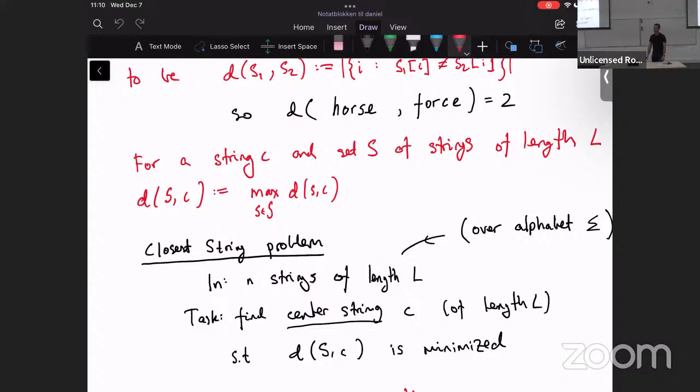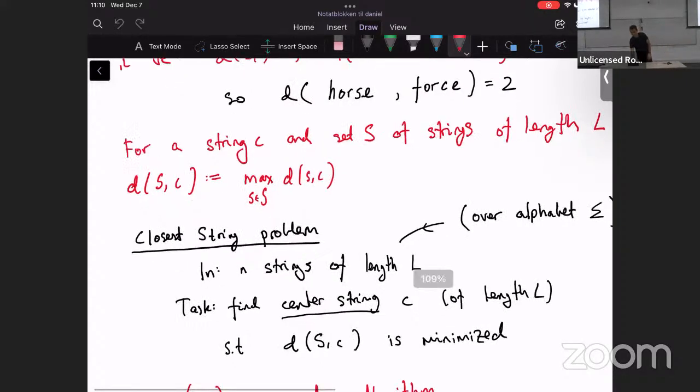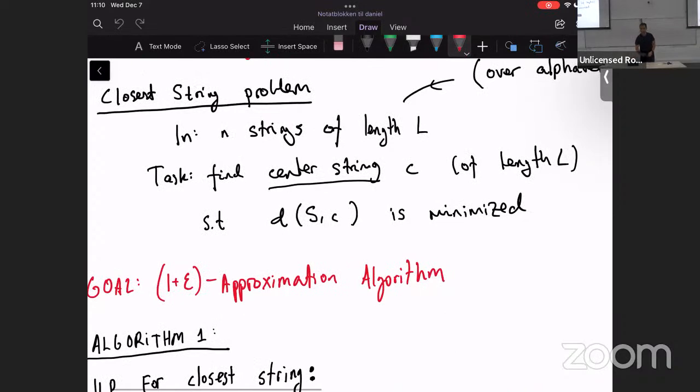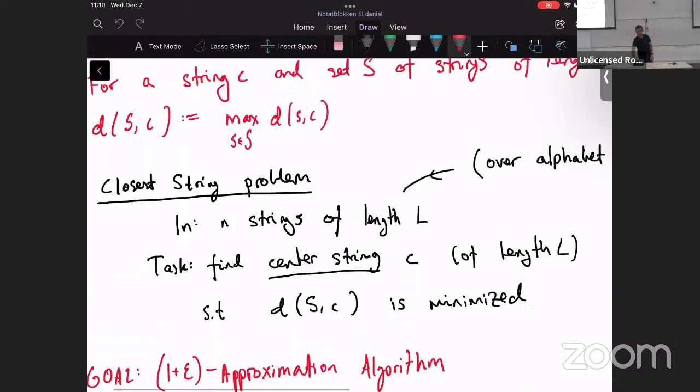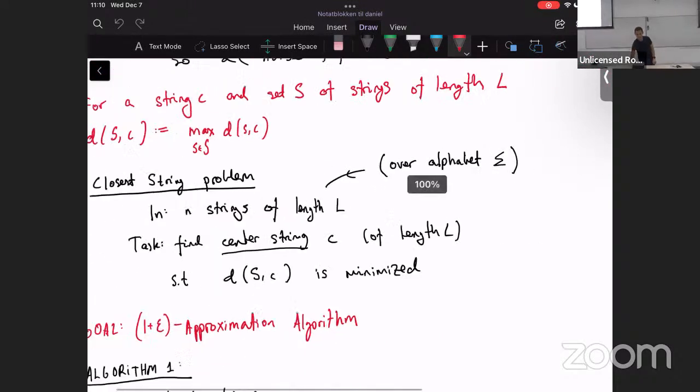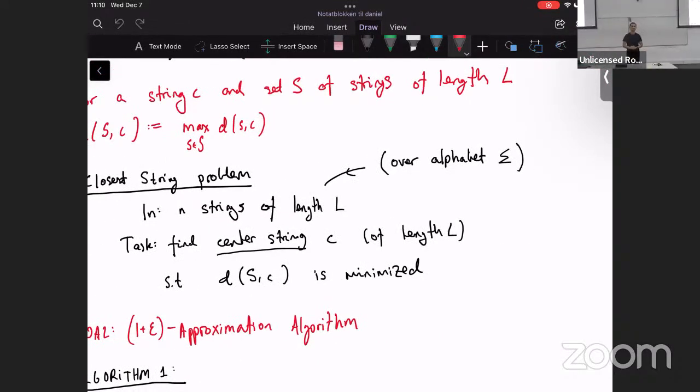Now, in the closest string problem, the input is n strings, all of the same length, all over the same alphabet. Think of the alphabet as being a constant, but it doesn't have to be. If it's strings over the English language, then it's an alphabet of size 26. If it's binary strings, the alphabet has size 2. If it's genomes, the alphabet is ATCG and has size 4.